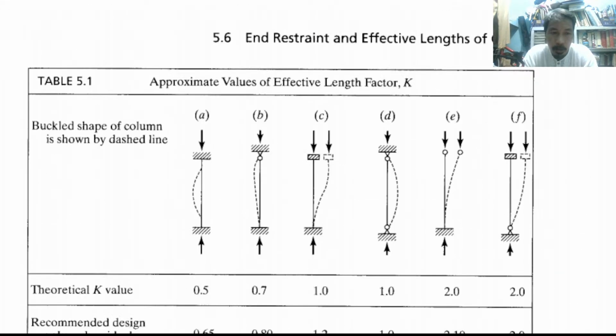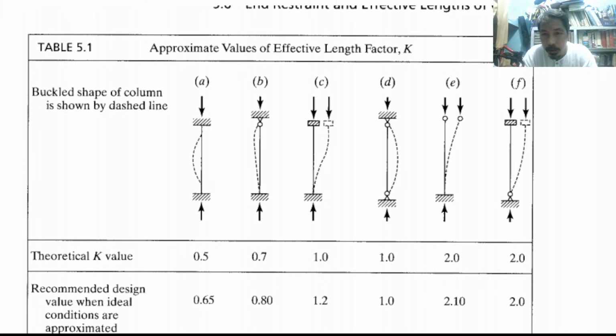Again, another table. You can find so many tables with effective length factor K. Fixed on both ends, we know that is 0.5. One end fixed, one end pin, 0.7. One end fixed, the other free to move, 1. Both are pin connections, 1. One is fixed, the other is pin and can move, that is 2.